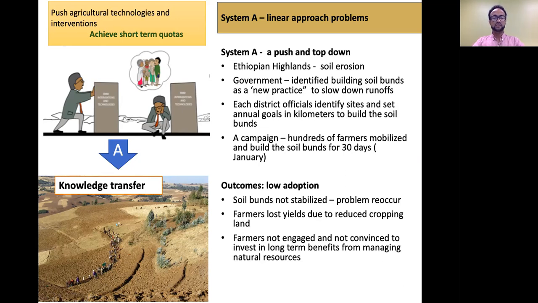It has been implemented for a while, I think for 1 or 2 decades now, but still the construction of these soil bunds has not come to an end. Some of the problems we identified are that these soil bunds are not stabilized.